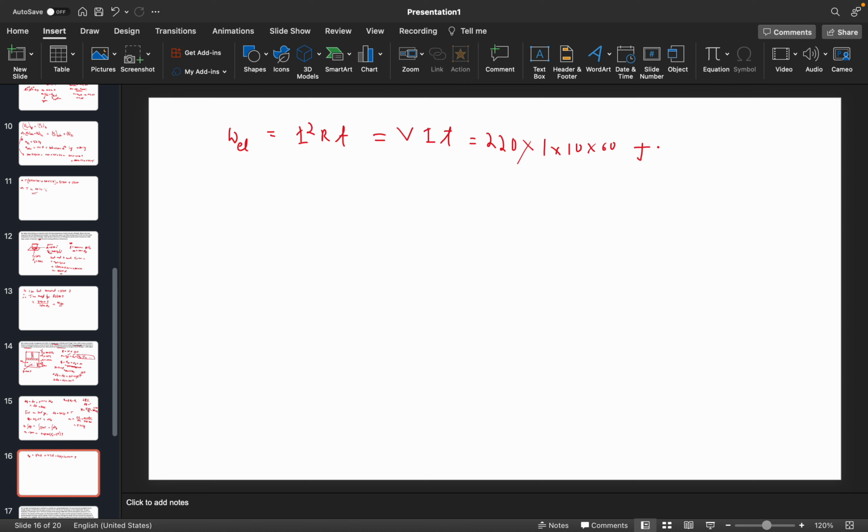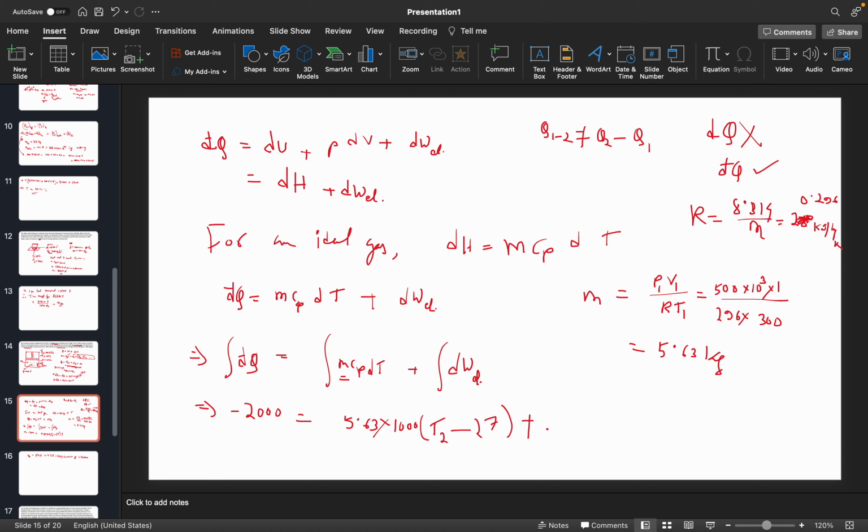220 into 600, 132,000. This much amount of work done. So that will be 132,000 joule, and 5.63 joule per kg Kelvin.